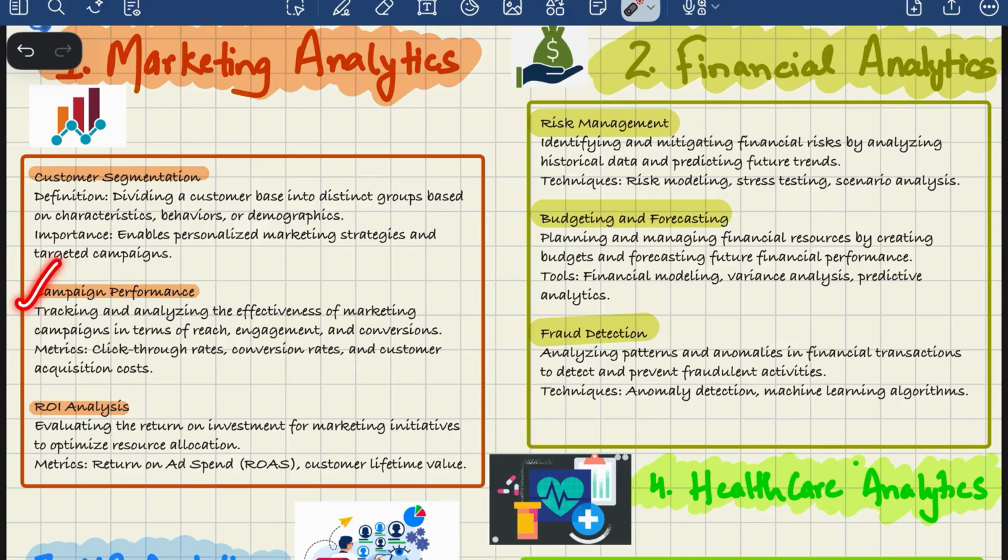Then we also use it for campaign performance. We are tracking the click through rates and conversion to see if an Instagram ad campaign was worth the money or not. Should we spend more on it, or should we switch our strategy, right? And then we also use it for ROI analysis. ROI stands for return on investment.